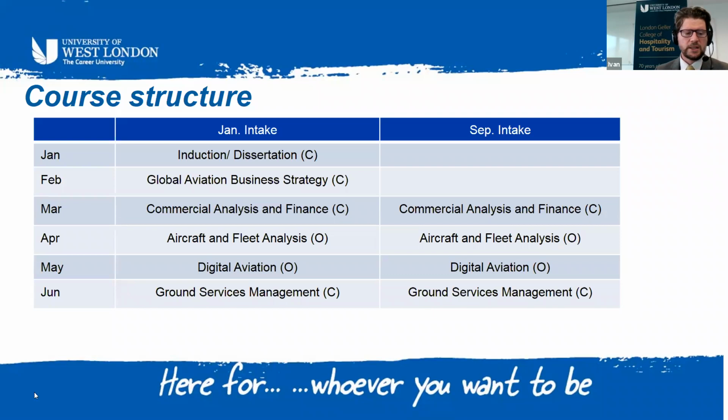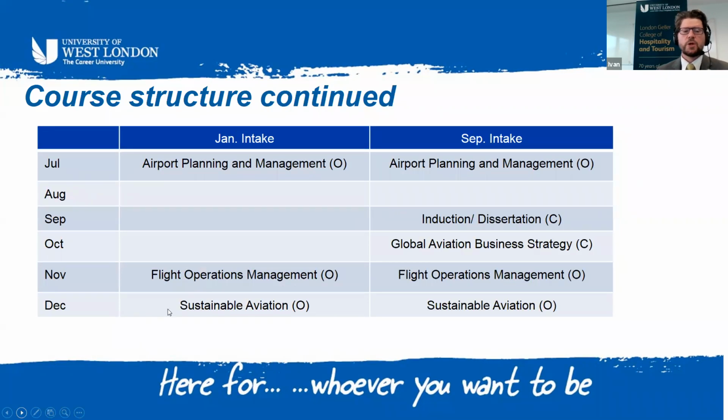So when we move to the other half of the year, you can see that July is actually the last month in summer when we teach airport planning and management, and there is a gap in August.